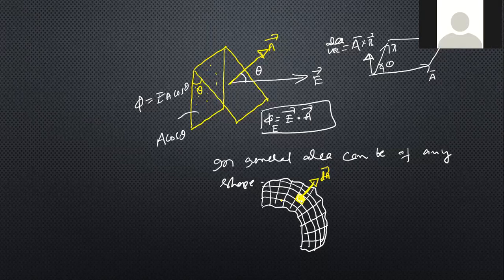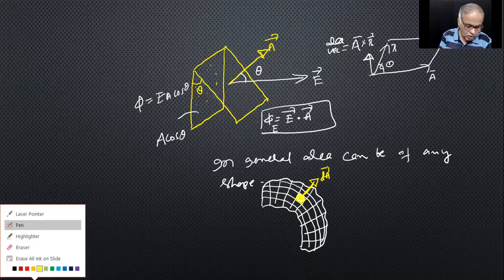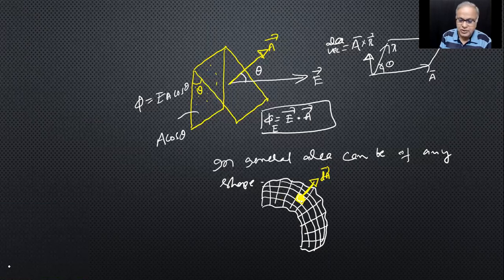And E is there all over, wherever. E also need not be constant like that. So at this point, if this is E, and the angle between them is theta, d phi we can calculate is E bar dot dA bar.